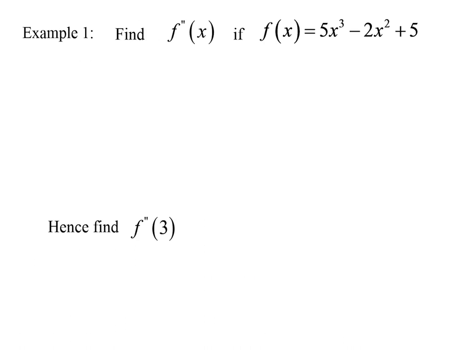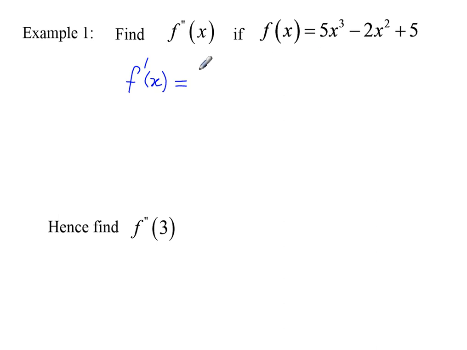So let's look at an example. Find f double dash of x if f of x equals 5x cubed minus 2x squared plus 5. To find the second derivative, we first need to find the first derivative. So to find f dash of x, we use the simple rules of differentiation that we learned before.